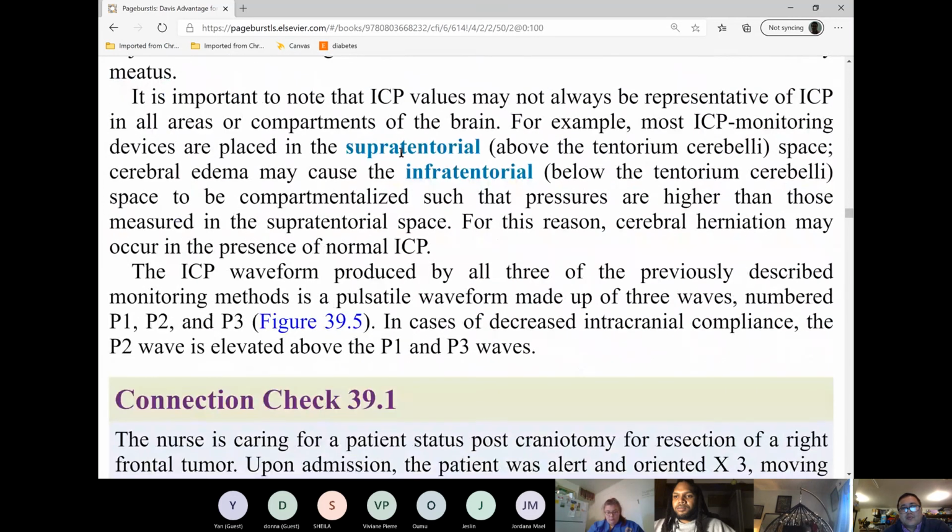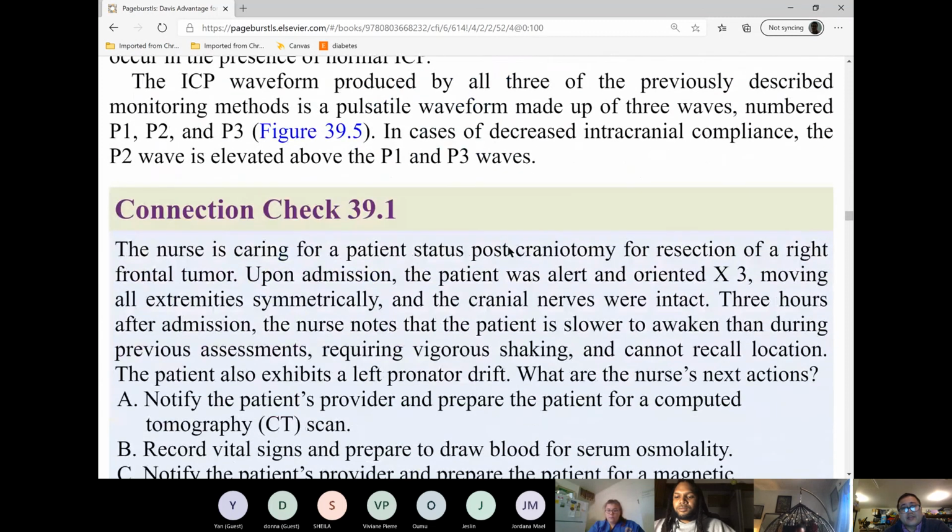We'll talk about supra and infratentorial. This will be more significant later when we do surgery. When the patient undergoes craniotomy, the post-op positioning of the patient will be different depending on whether it's above or below the tentorium. That will be later under traumatic brain injury.